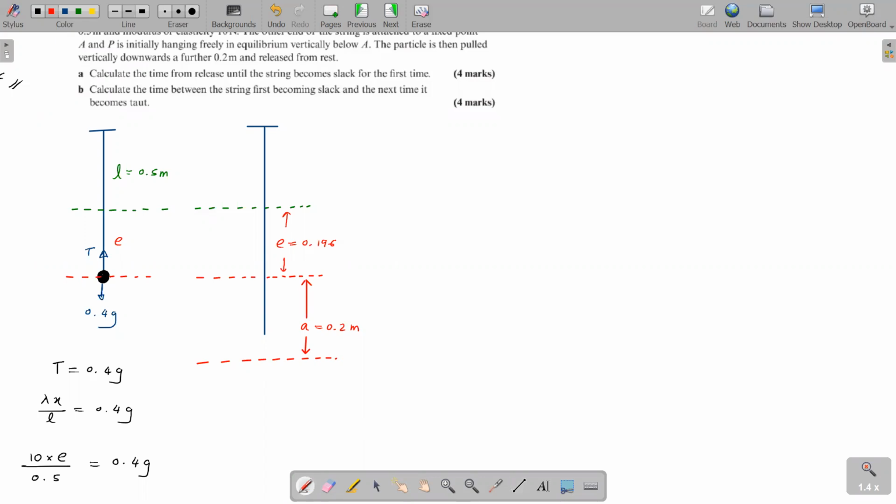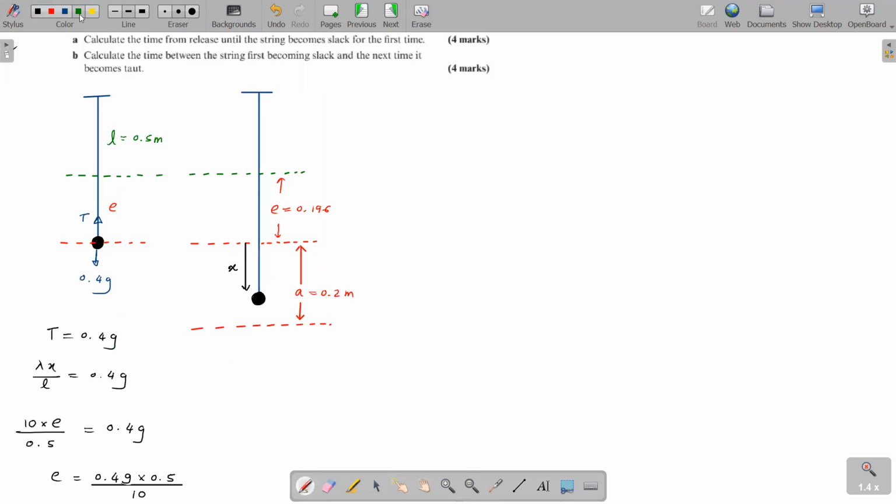Okay, so the first thing we'll do is mark the particle at a general point, take the particle at a general place, and we apply F equals ma away from the center. So the x is measured away from the center.